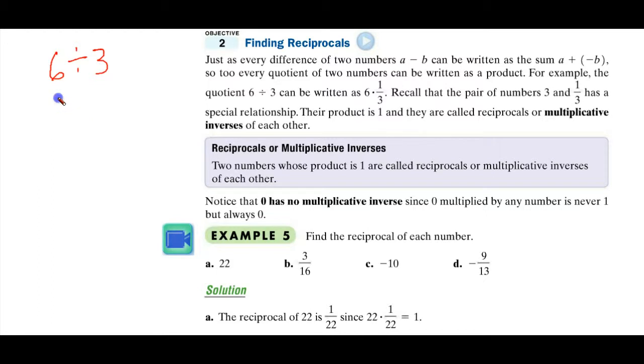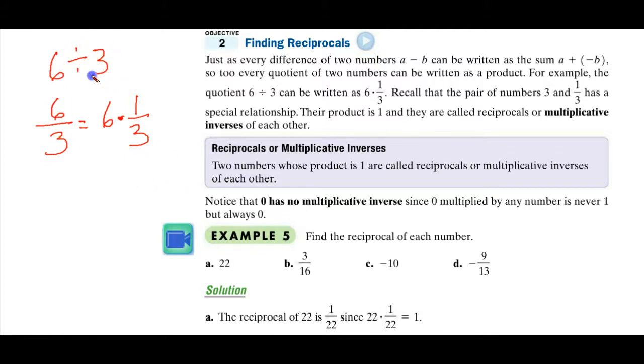Well, 6 over 3 is one way to do it. And in a sense, can you see that that is 6 times 1/3?